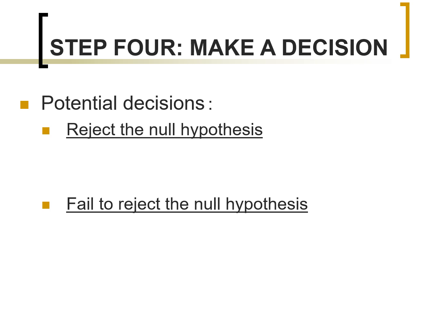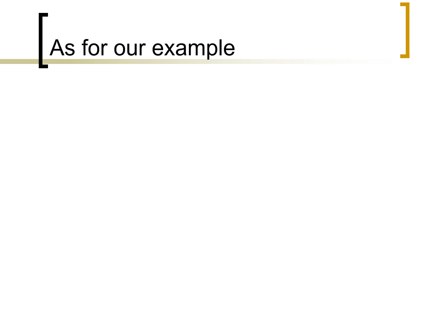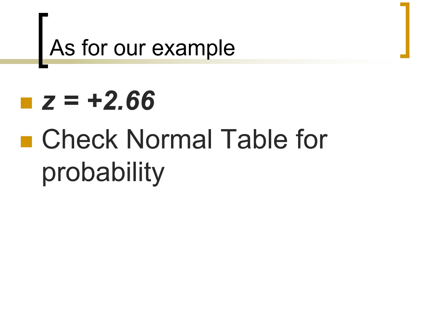So let's calculate our z statistic. For our example, if we go back and calculate the z, 33 sample mean minus 25 population mean over a standard error of, I believe it was 3, that gives us 8 over 3, and the z is 2.66.